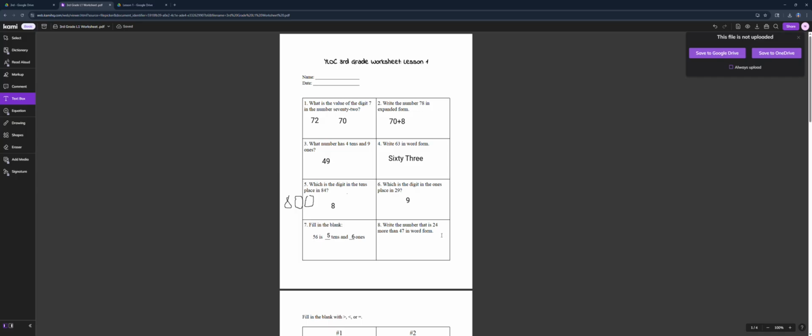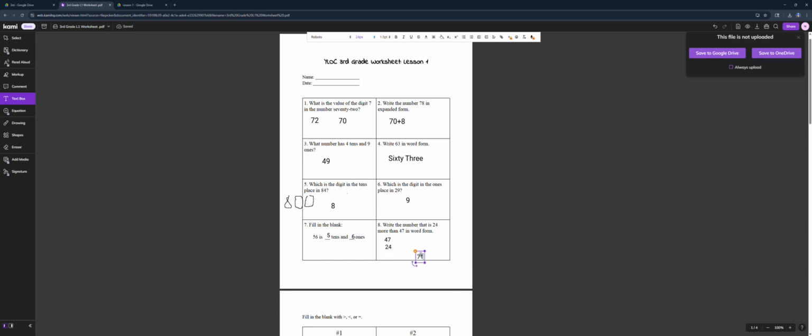Number 8, write the number that is 24 more than 47 in word form. So we first do 47 plus 24. We do first 7 plus 4 to get 11, carry over the 1. So 1 plus 4 plus 2 becomes 7.